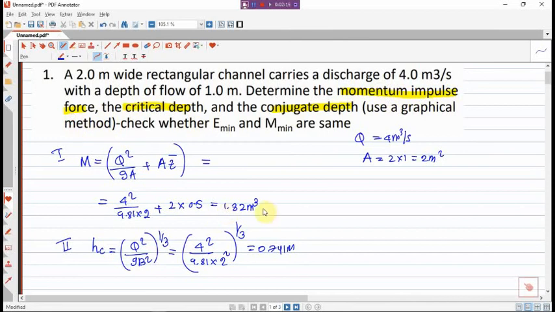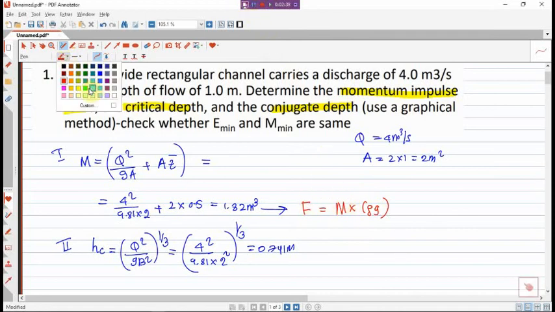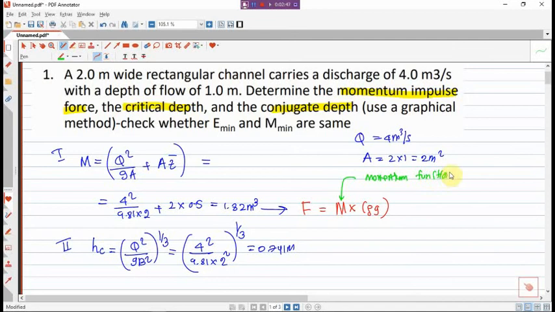So we have to convert the meter cube into force. How does it come? The equation is like this: momentum impulse force F is equal to M into rho g. M we call the momentum function.